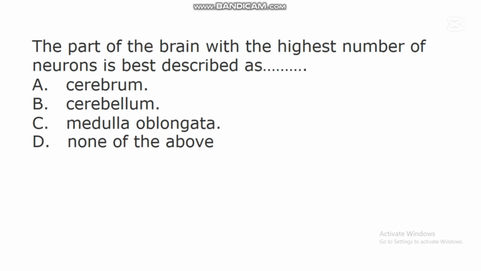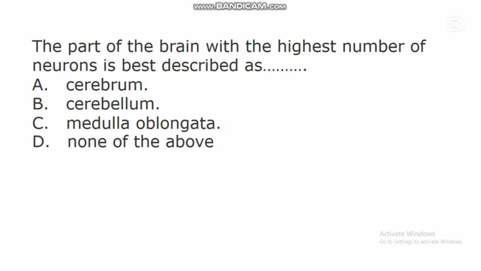The first question we have here says, the part of the brain with the highest number of neurons is best described as dash. A. Cerebrum. B. Cerebellum. C. Medulla oblongata. D. None of the above.